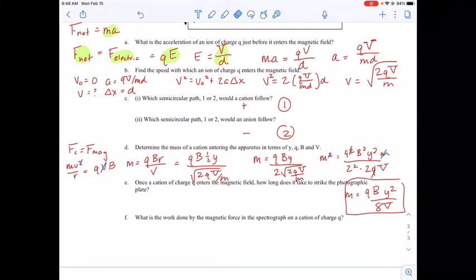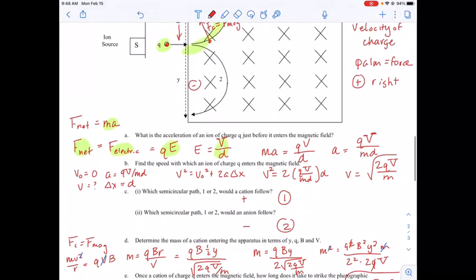Part E, once a cation of charge Q enters the magnetic field, how long does it take to strike the photographic plate? Okay, to solve this, we are going to take velocity equals distance over time and rewrite it to say that time would equal distance over velocity.